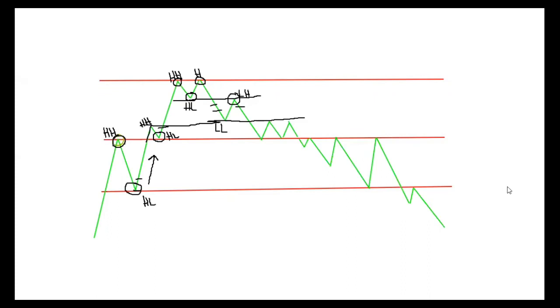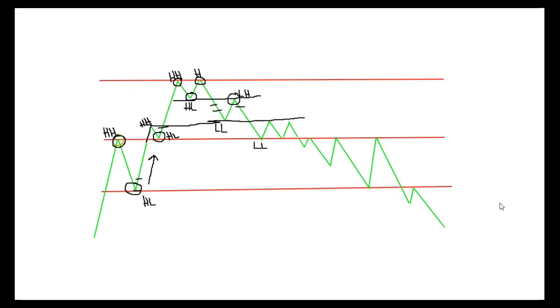So boom, as you can see, the market pushed down at this level of support. It's support now, but look to my left, it was previously a level of resistance.